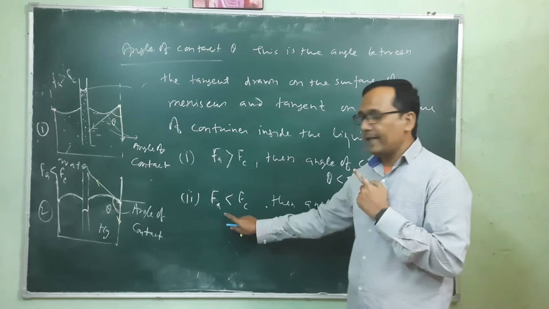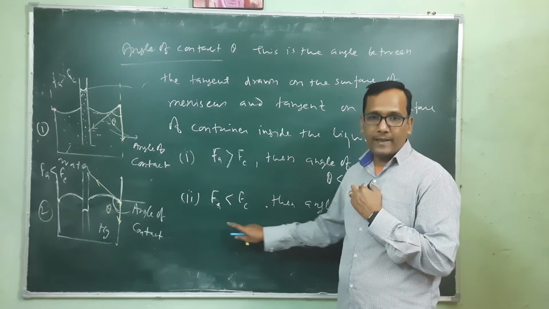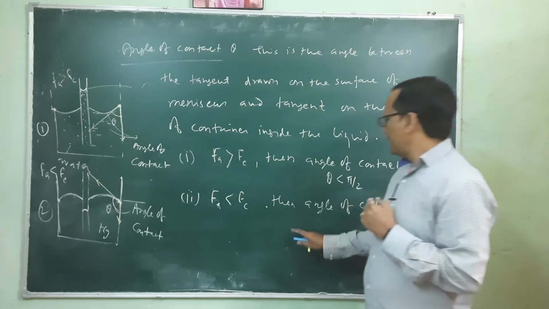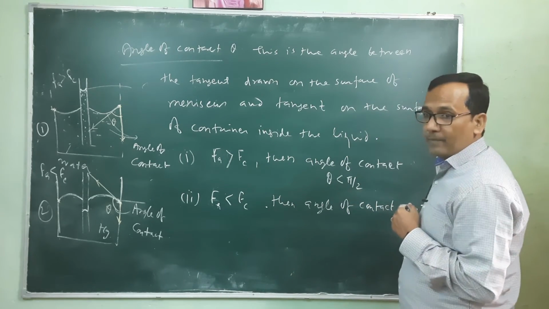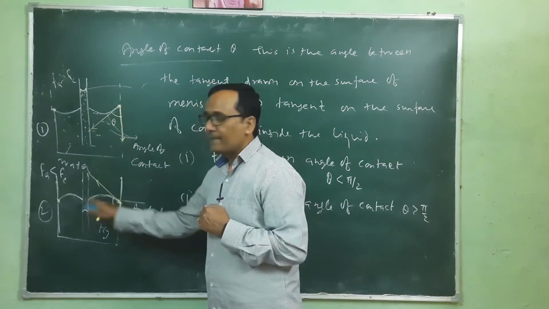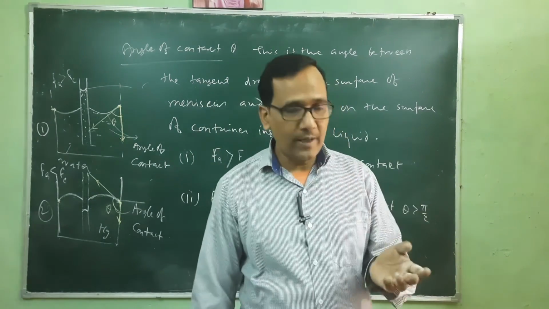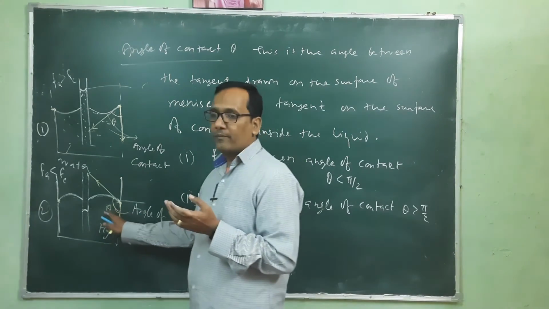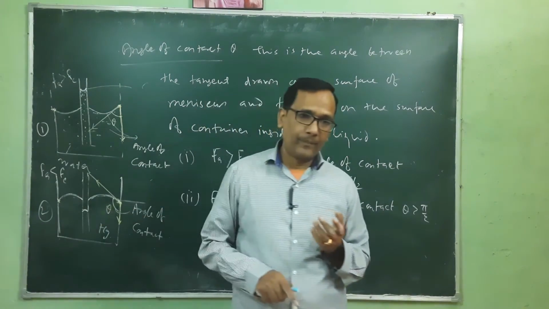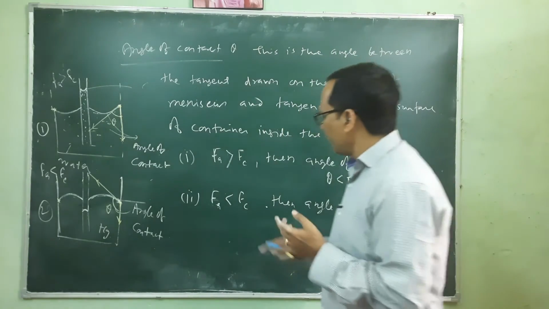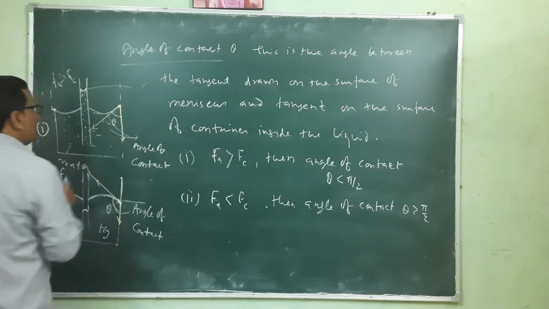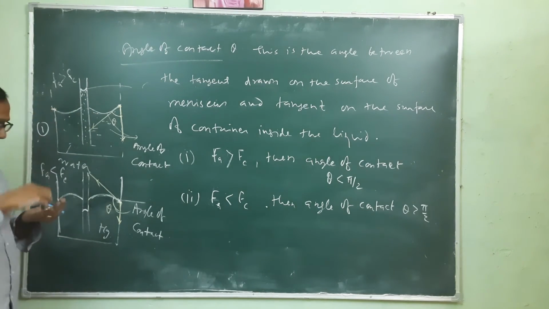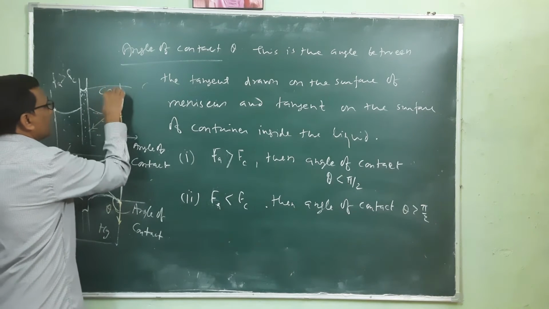When FA is less than FC, the angle of contact is greater than pi by 2, the shape of the meniscus will be convex, and the liquid will not stick on the surface of the container. And one more thing: here this is the capillary, and such a rise in the liquid level is known as capillary rise.